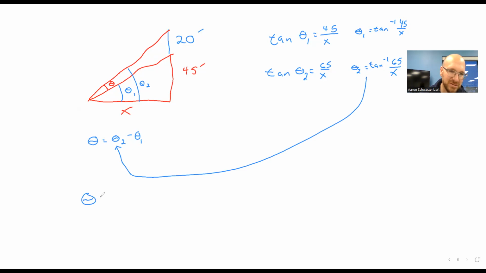And to maximize, I usually use my calculator. I probably want this in degrees, so when I get to the calculator, I will switch to degree mode. But this is my equation, substituted both of them in there.